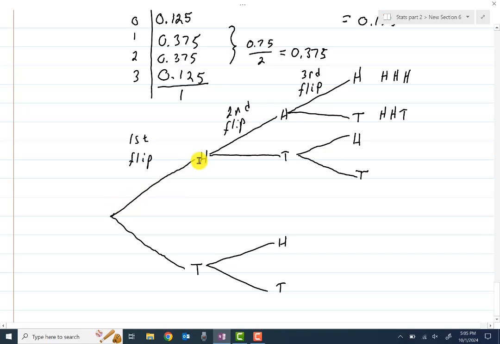So for this one, I have heads, tails, heads. Now let's go some more. Heads, tails, tails. If you notice, what I've done here is counted out all the ways where the first coin happened to be heads. And all these down here are going to be where the first coin are all tails.